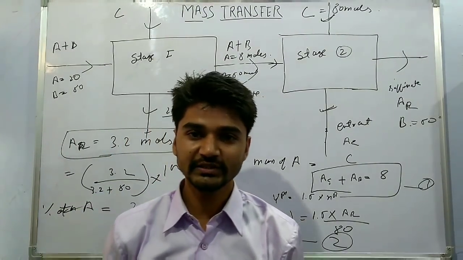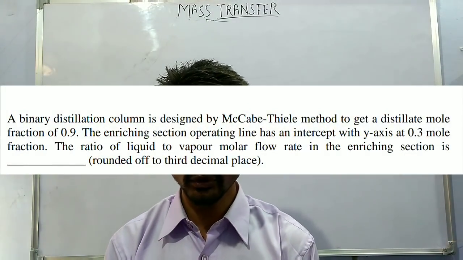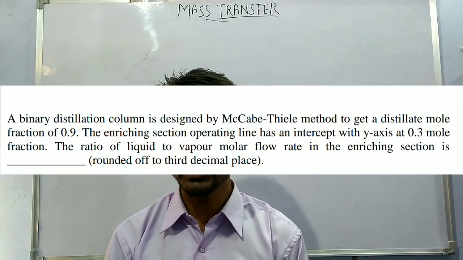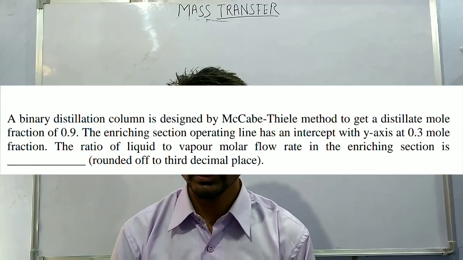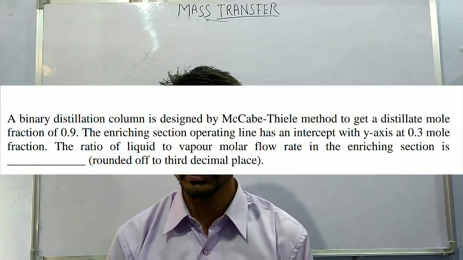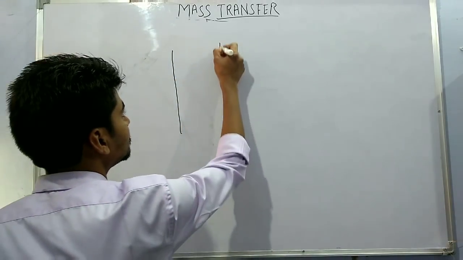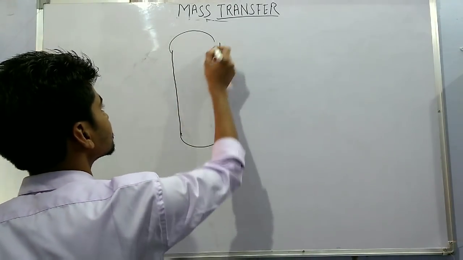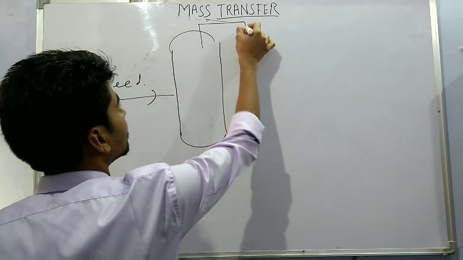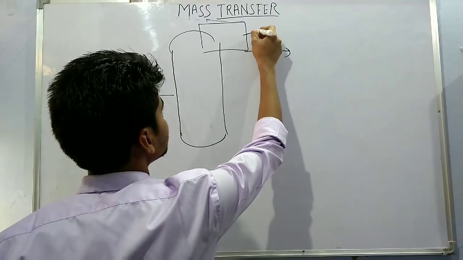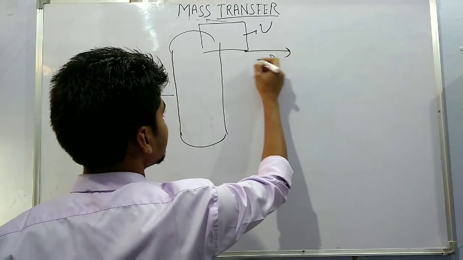Now the next question is, the binary distillation column is designed by the McCabe-Thiele method to get a distillate mole fraction of 0.9. The enriching section operating line has an intercept with the y-axis at 0.3 mole fraction. The ratio of liquid to vapor molar flow rate in the enriching section is? So here we have one distillation column with feed and the vapor flow rate is V. We have distillate.